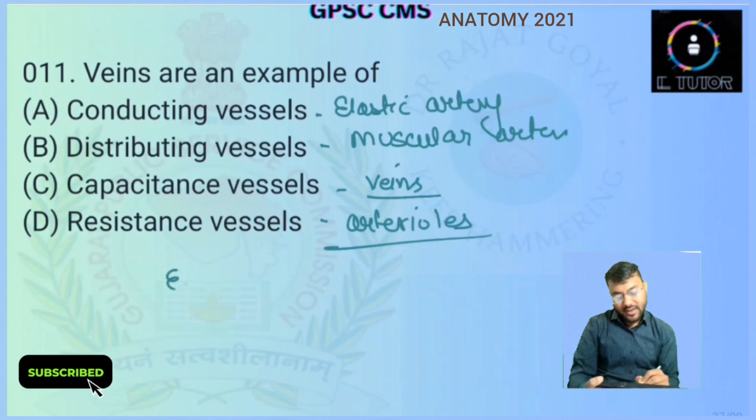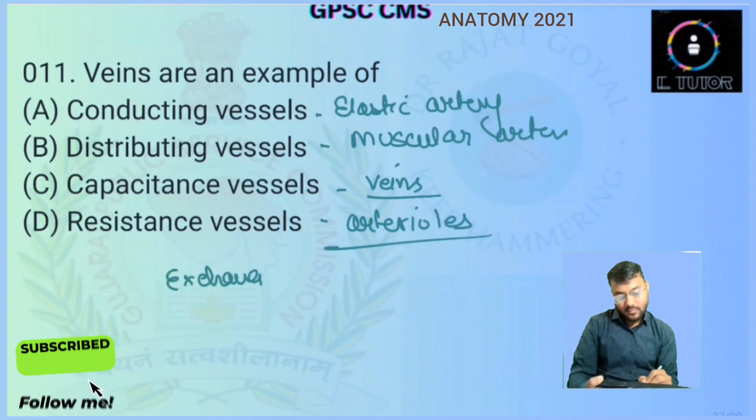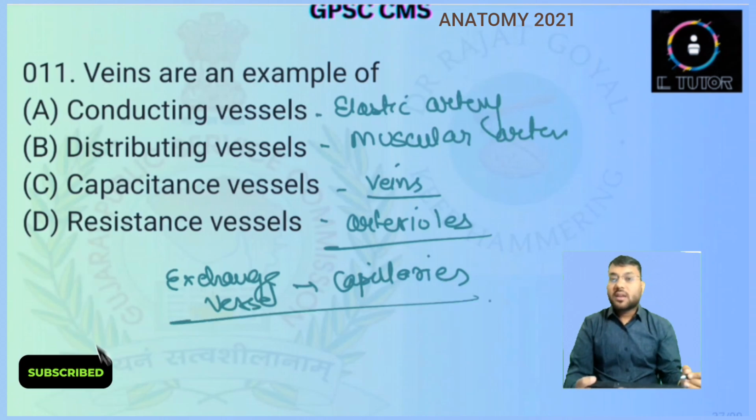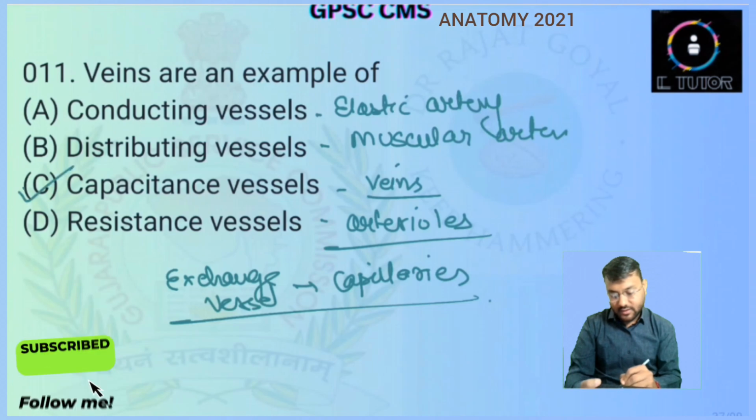And if we talk about the exchange vessels, then these are the capillaries. So here answer will be, veins are the example of capacitance vessels, C.